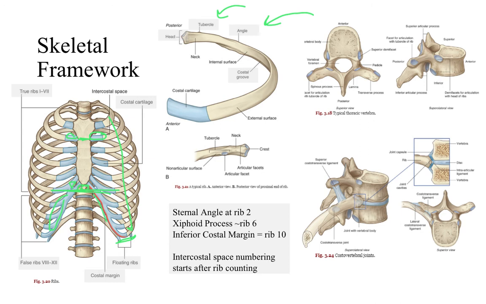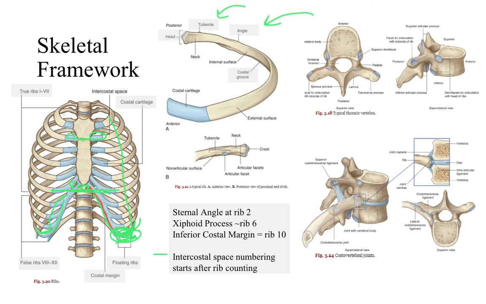And then the inferior costal margin, which is this area right here, that runs along rib 10, which is the last of your false ribs that are not floating. All right, so rib 10 is the bottom of your rib cage proper that's still connected to your sternum indirectly.